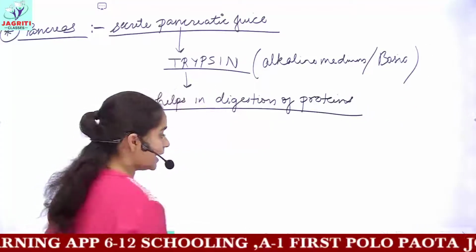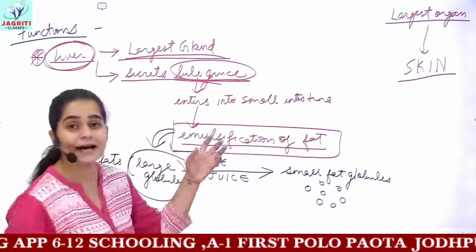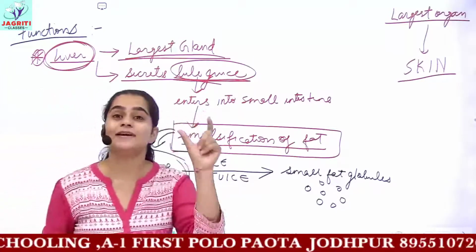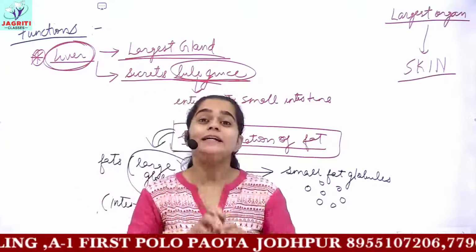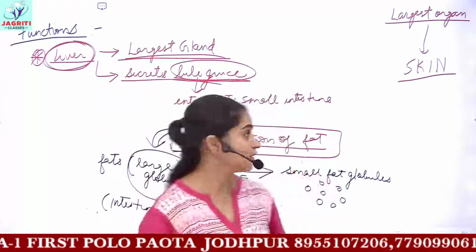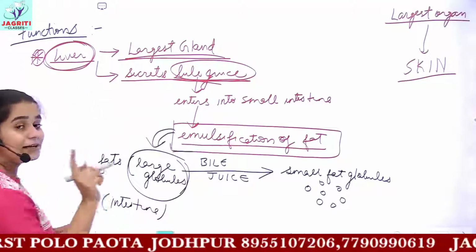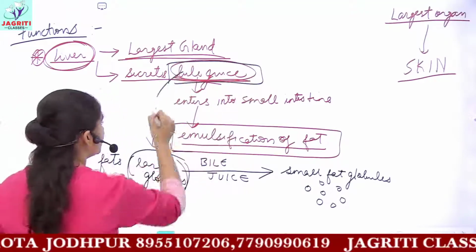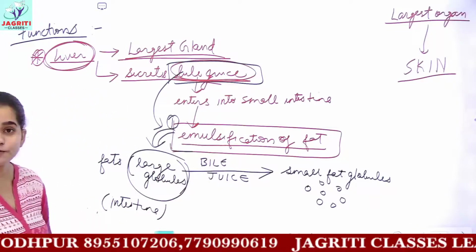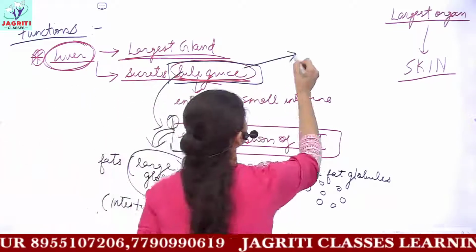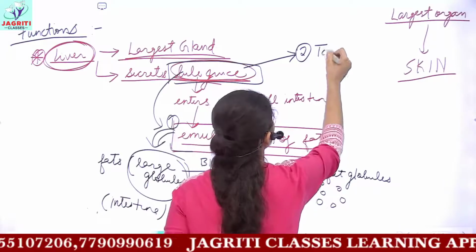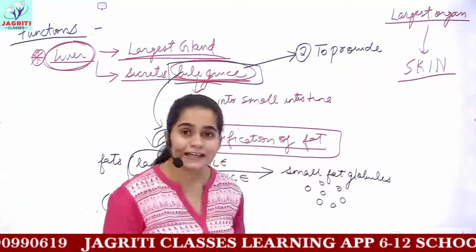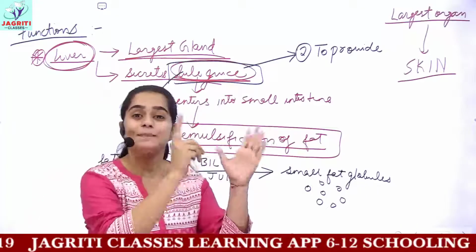And we knew that when the food comes in from the stomach to the intestine, because in the stomach you have HCl, hydrochloric acid, in turn the food is acidic in nature, and because trypsin requires basic medium, so this bile juice does one function of emulsification of fat. The next function of this bile juice is to provide alkaline medium in the small intestine for activation of trypsin enzyme.